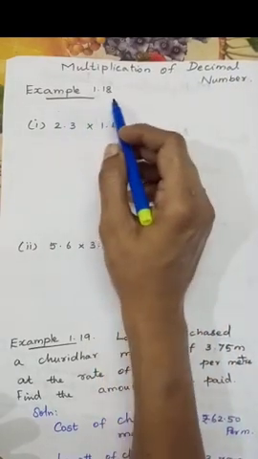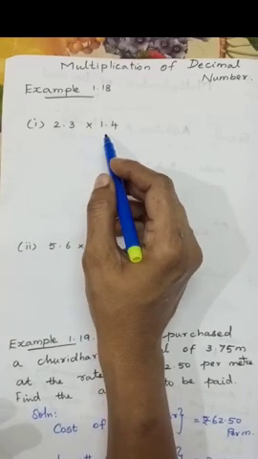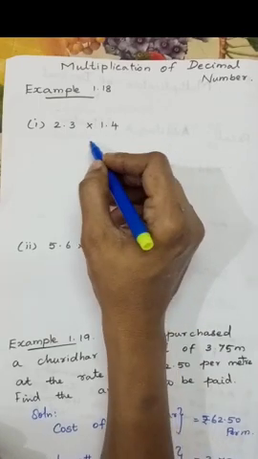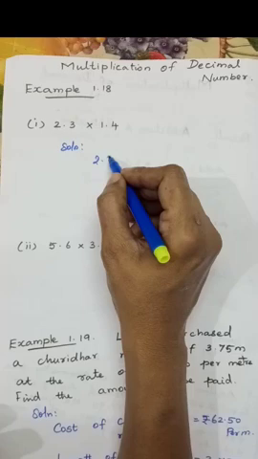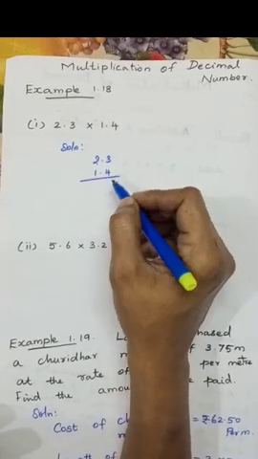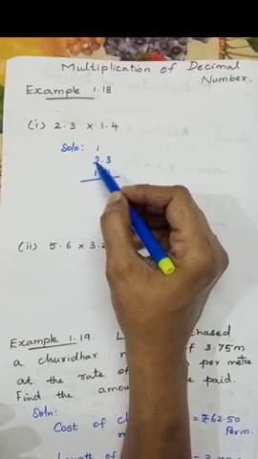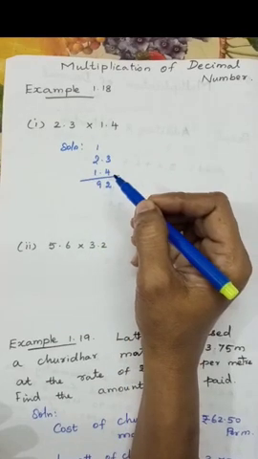Today I am going to show the multiplication of decimal numbers. Example 1.18. We have to multiply 2.3 into 1.4. Then you multiply. Solution. 2.3, 1.4. 4 3s are 12, 2, remainder 1. 4 2s are 8. 8 plus 1 is 9.